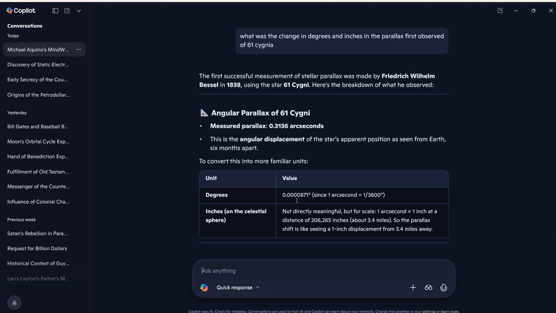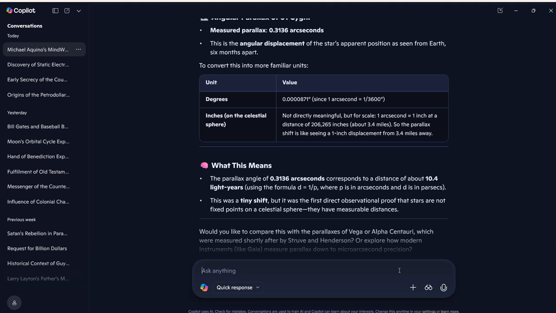Degrees, so that's 0.00008 hundredths, or 871 of, I'm not sure what number that is, right? But this is what I'm getting at. These are how small these measurements are when it comes to parallax. Doesn't that equate to something like 1/11,613th part of a single inch?